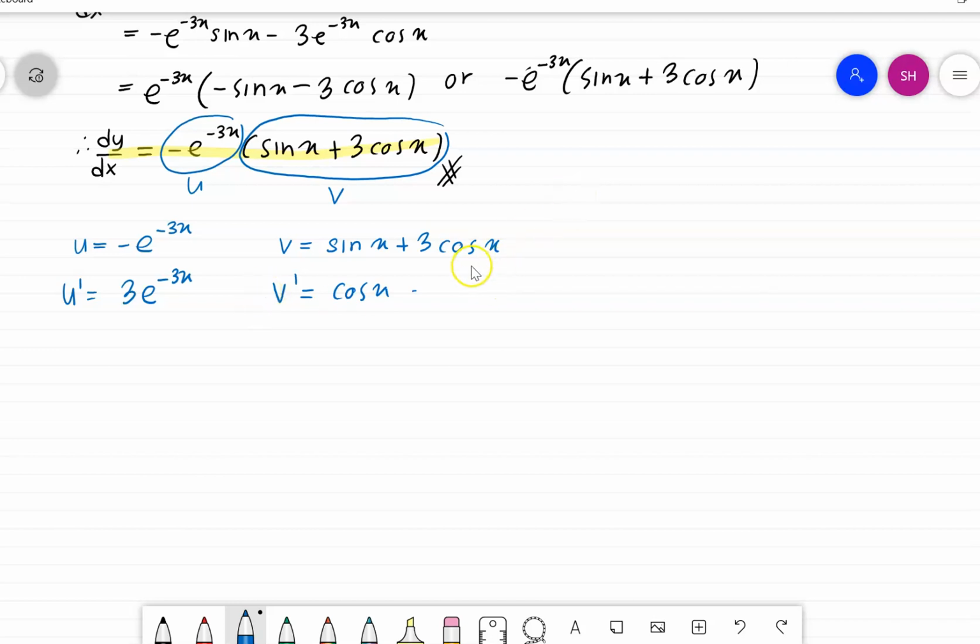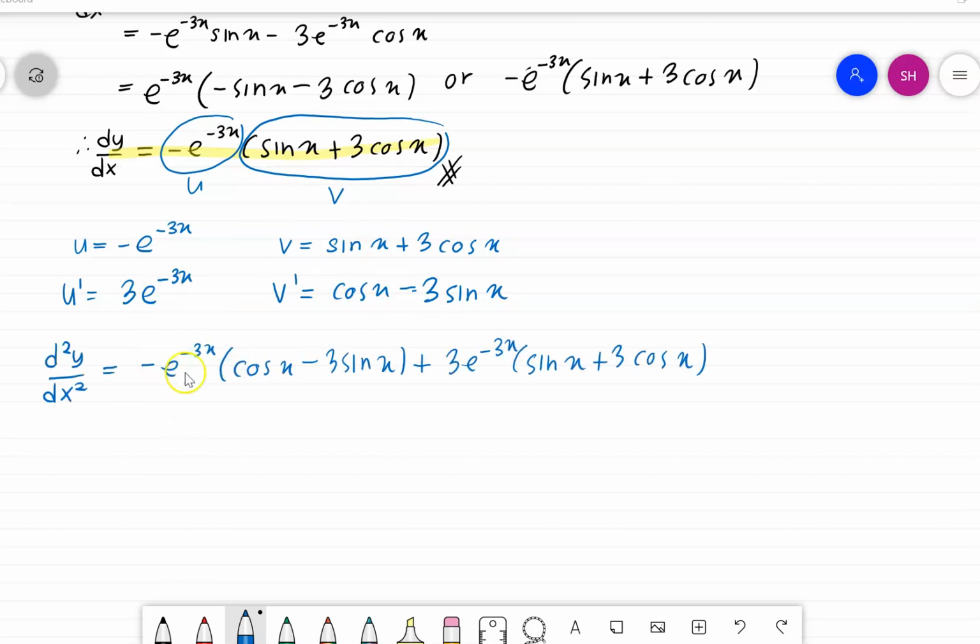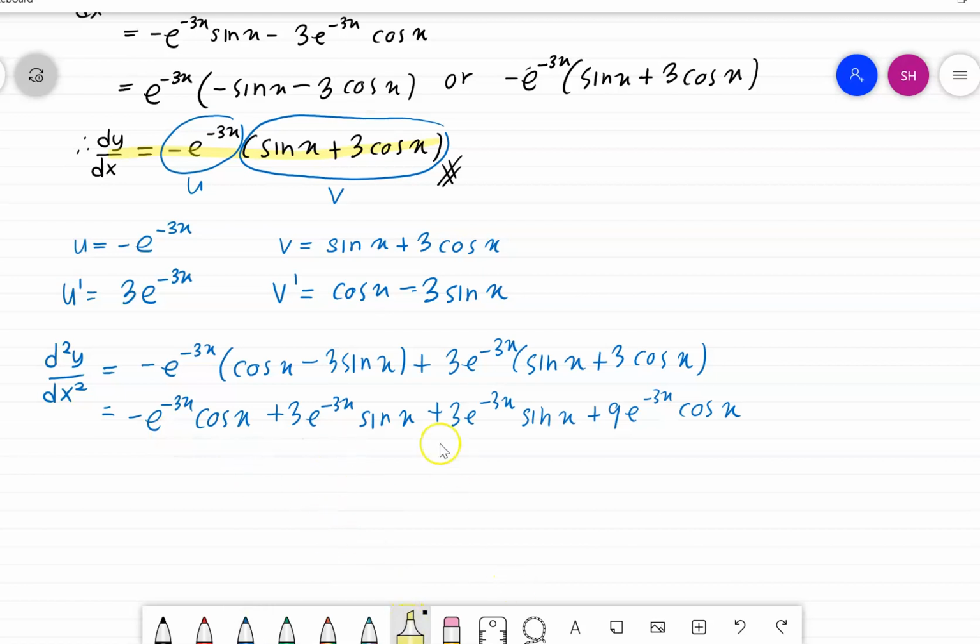Differentiate 3 cos x is, differentiate cos is negative sin, so negative 3 sin x. And then substitute into the product rule formula. When you substitute into the product rule formula, you should get like this, okay? And then expand everything, open the bracket. Okay, you should get like this, okay? And then simplify again and again.